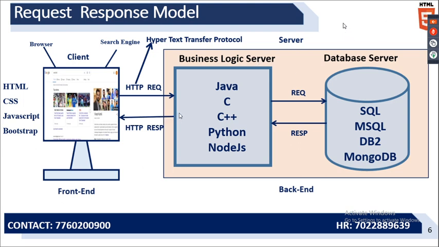Okay, Sridhar, server down means they will be updating the server. They will be having some changes. Or else when your server does not have the capacity to receive multiple requests at a time, if there are thousands of requests at a time, then the server will go down. Clear?